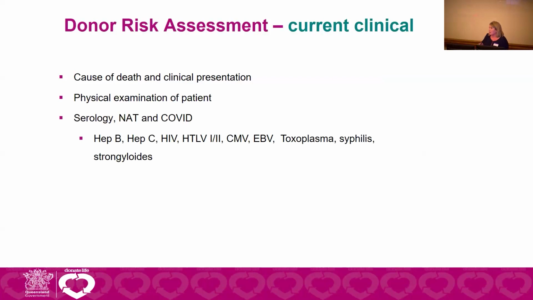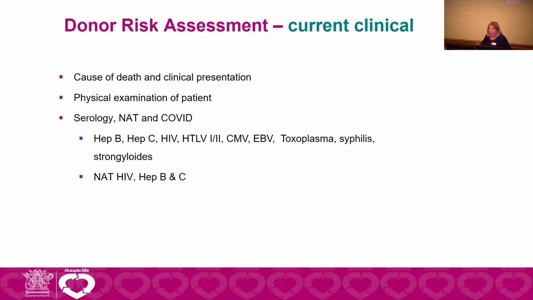We're really lucky here with Pathology Queensland. They provide those tests for us on the night. We NAT test all our donors for HIV, Hep B and Hep C, and those results are back to us within about 4 hours of them arriving in the lab.